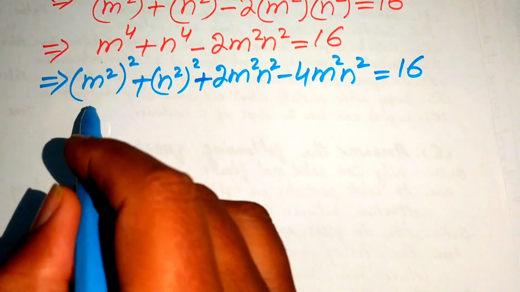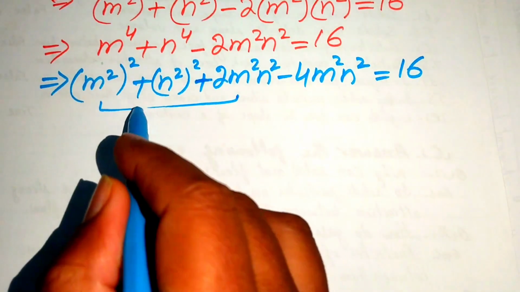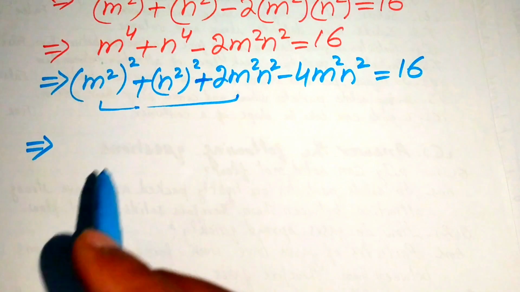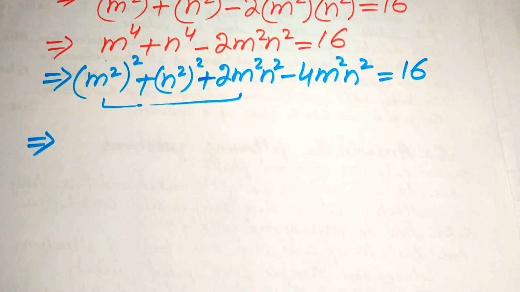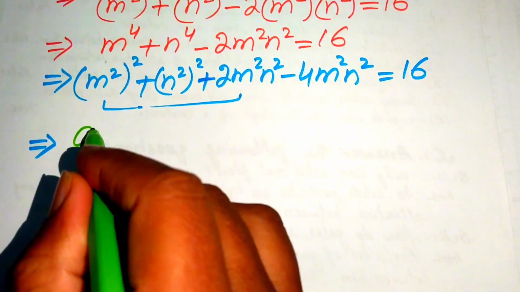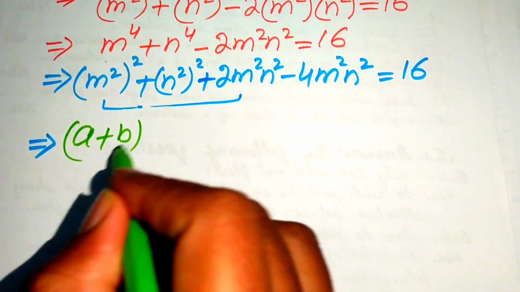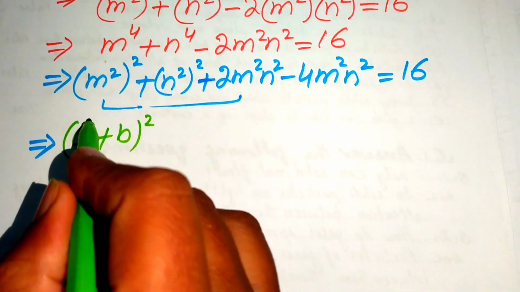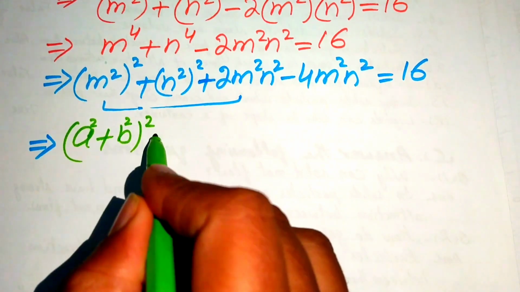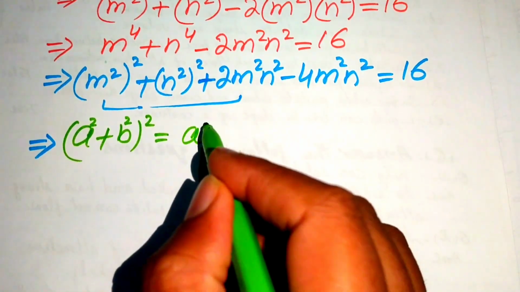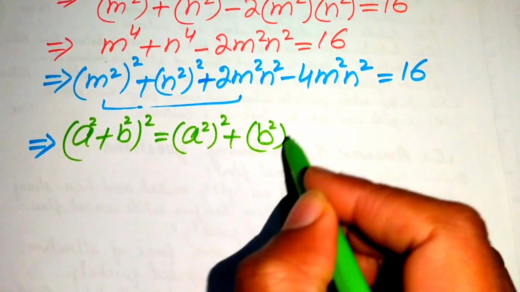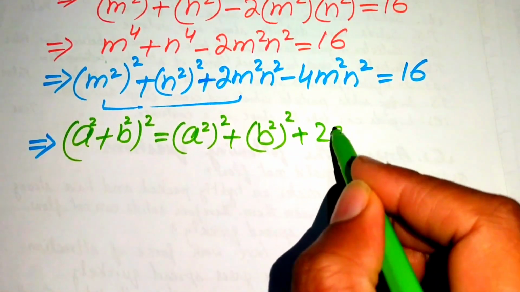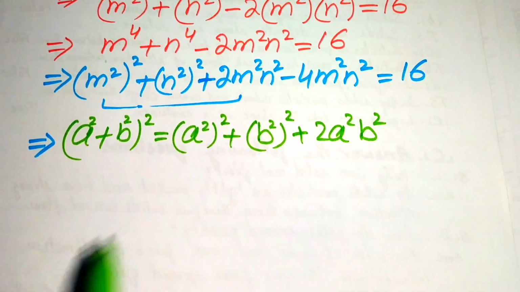Now you focus on these terms and you see that it becomes a nice square identity. You already know about this identity: if we have a plus b whole square, or if I write a square plus b square whole square, it equals a square and its whole square plus b square and its whole square plus 2 times a square b square.